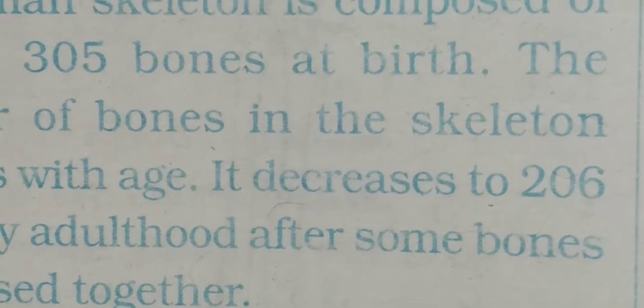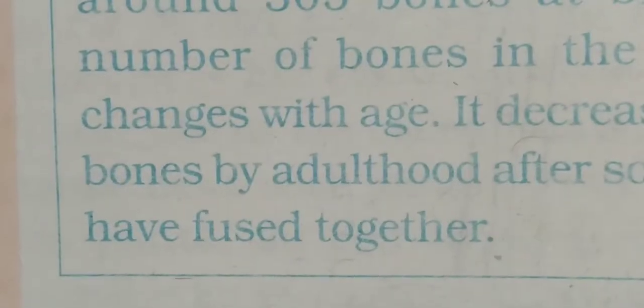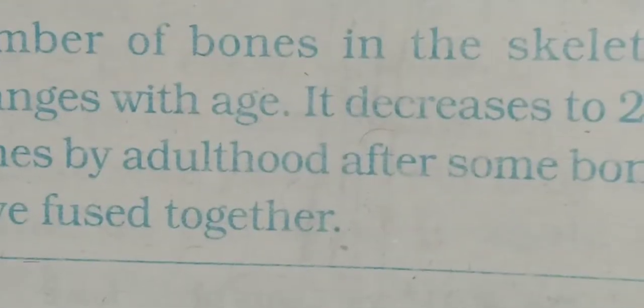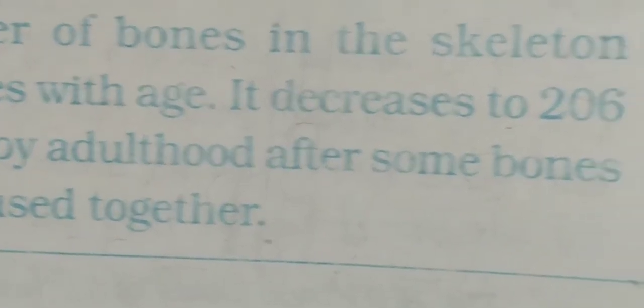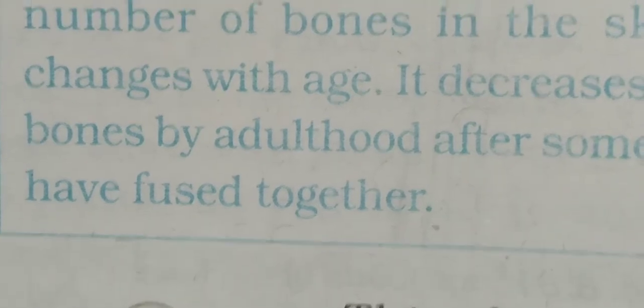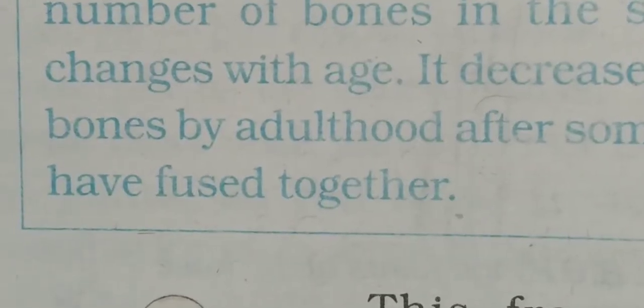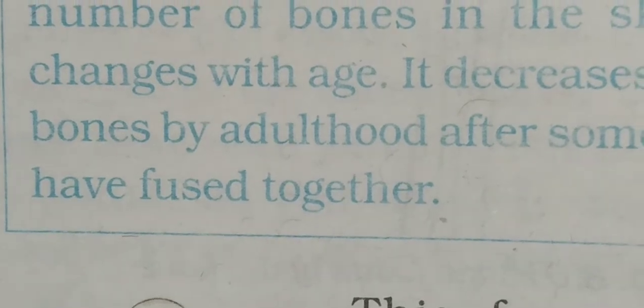No. What happens? During adulthood you have 206, after some bones have fused together. क्या होता है कि एडल्टहुड के बाद कुछ बोन्स एक दूसरे के साथ जुड़ जाते हैं और एक बोन वो बन जाता है.